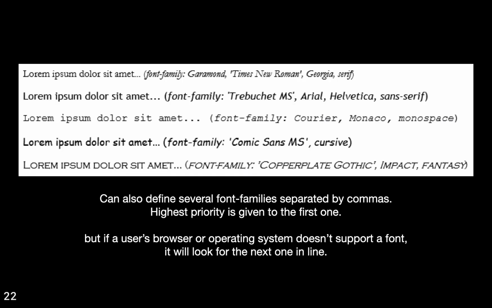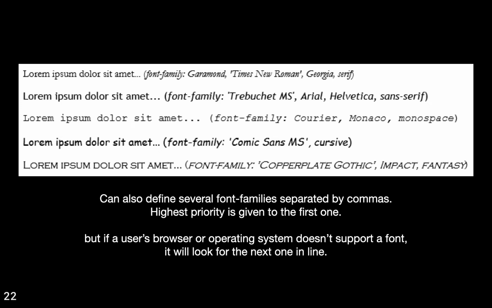Also, here's a quick look at what different fonts look like. This one at the top, we've got font family Garamond, and these use the first one of each line. Something to note: the reason these are defined with multiple fonts is that if the user's interface doesn't have a particular font available, it'll fall back to the next one, right? Each one of these shows a different font. You have our Comic Sans down there.